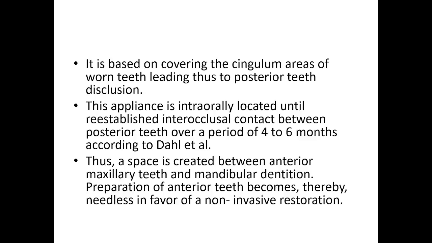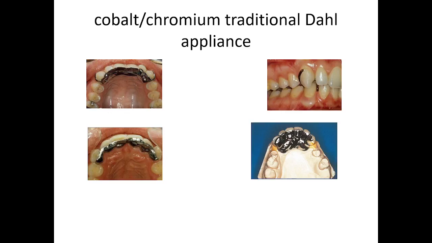Preparation of anterior teeth becomes thereby needless in favor of a non-invasive restoration. So this is how the Dahl appliance looks like. It's removable, and now they are doing it as a fixed one using a composite or some temporary crowns on the anterior teeth.